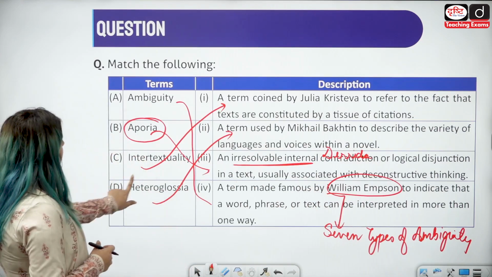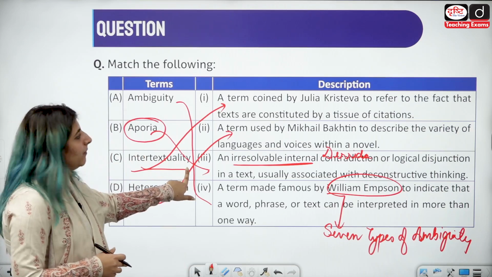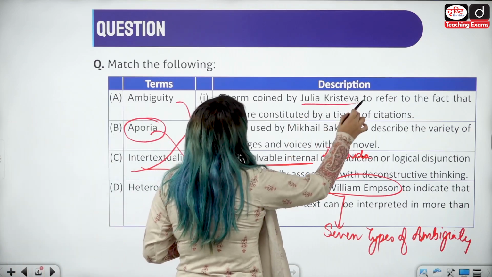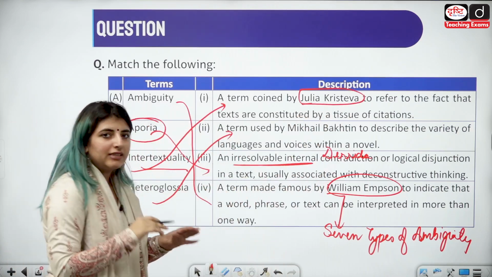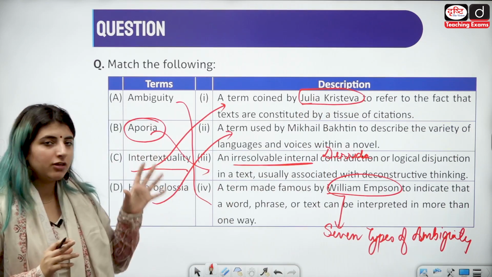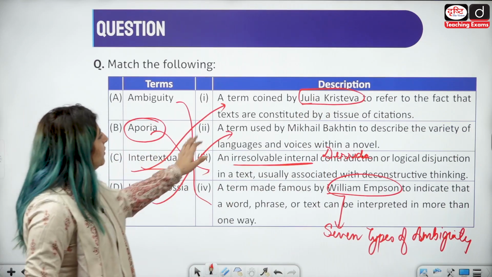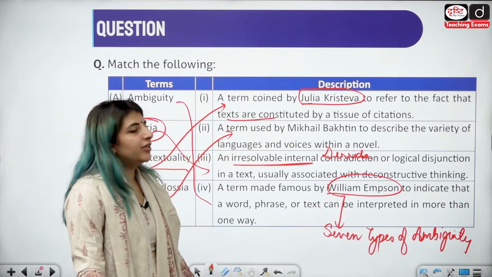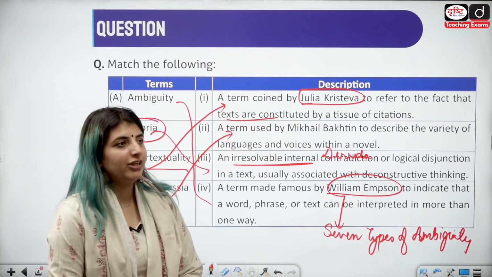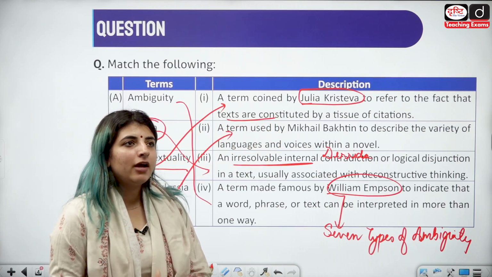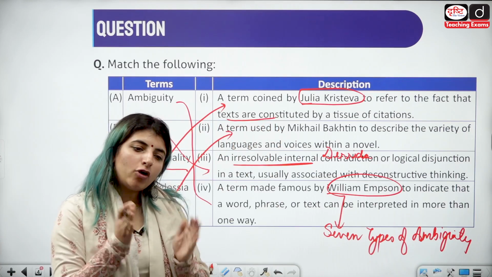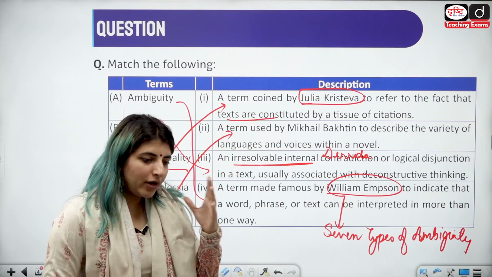Correct? Then we have intertextuality. That is a term which is coined by Julia Kristeva, and the term has been asked multiple times separately as a question, to refer to the fact that texts are constituted by a tissue of citations. She says that there is no text which is based only on the new.